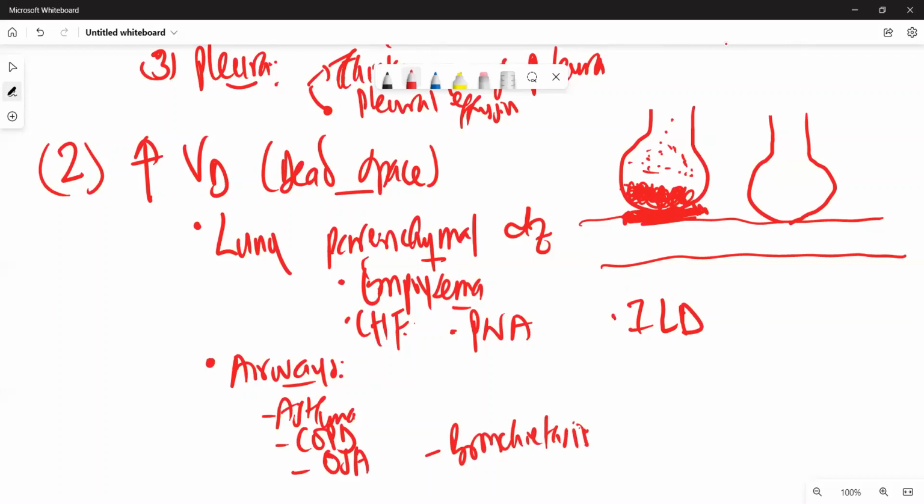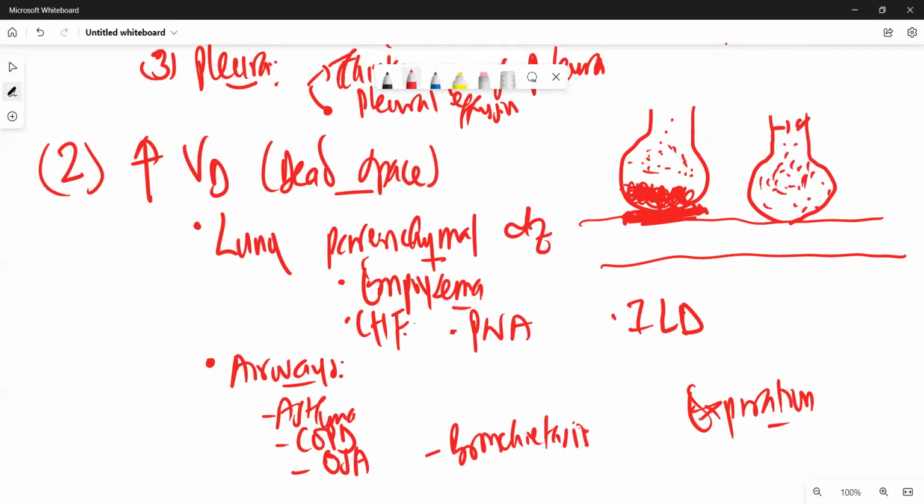We call them obstructive airway diseases because during expiration there's premature closure of the airway, because of the increase in dynamic force and a reduction in the radial traction. As a result, those patients are retaining a lot of carbon dioxide, right?